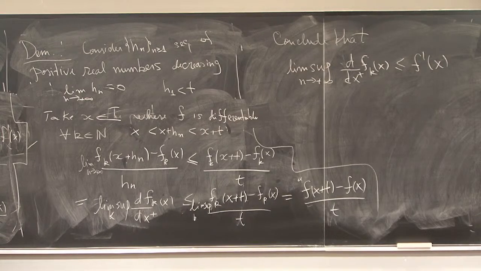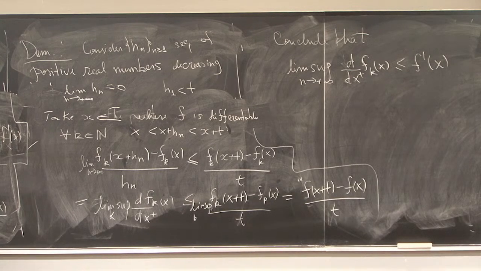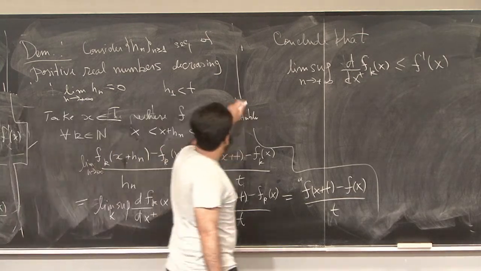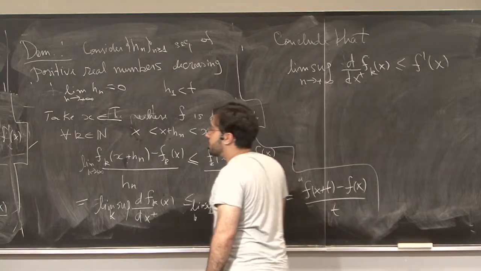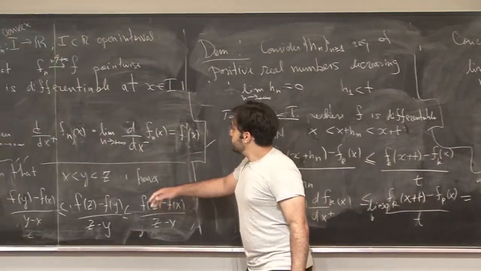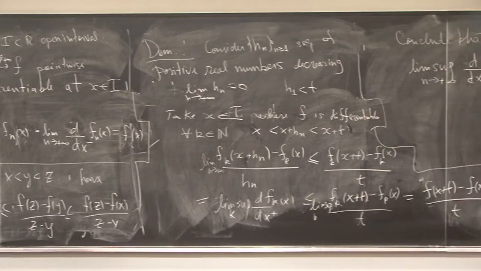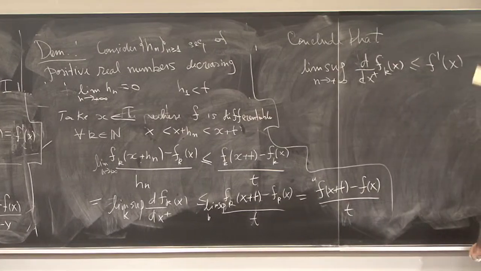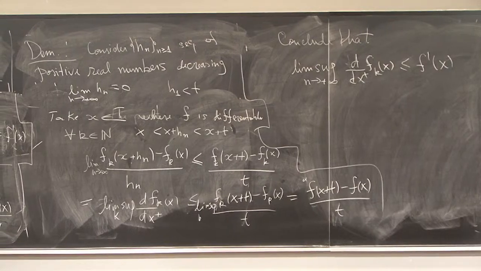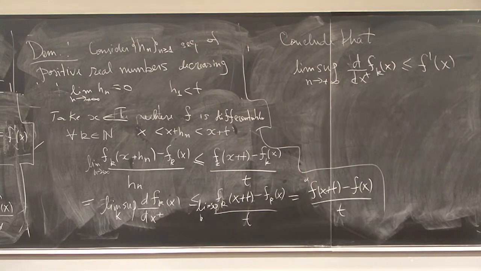So now we need to prove another inequality because I have only one part. I need to analyze what happens to the left hand side, the left side derivative.